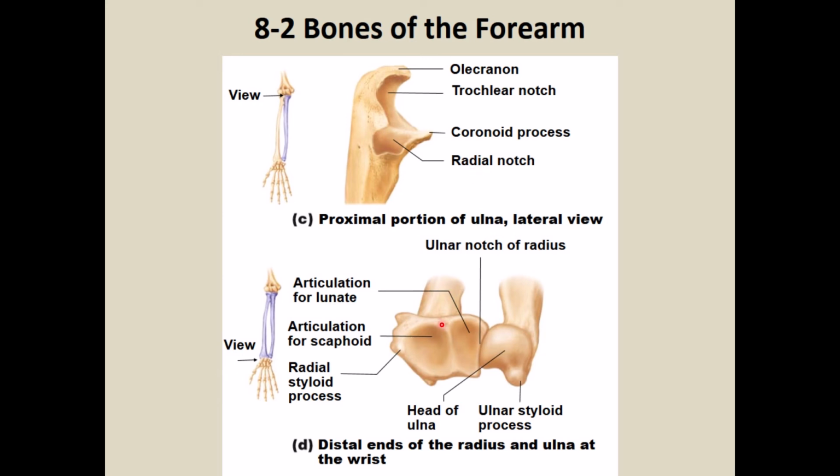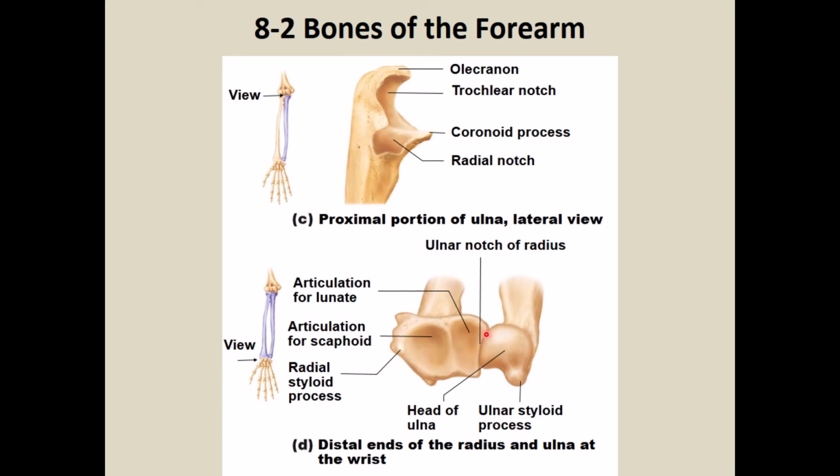And if you look distally here, you can see the radius is bigger than ulna. So this is the head of ulna. This is the distal part of the radius. This is the radial styloid process located laterally. This is the ulnar styloid process located medially. And this is the ulnar notch now.